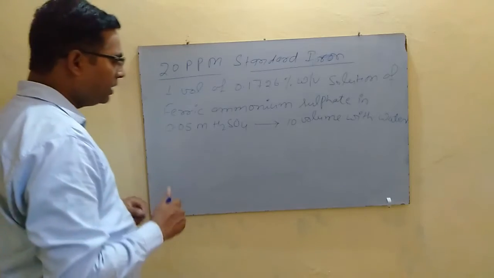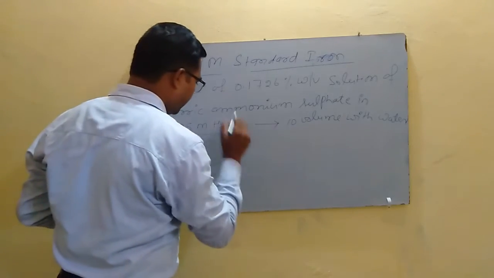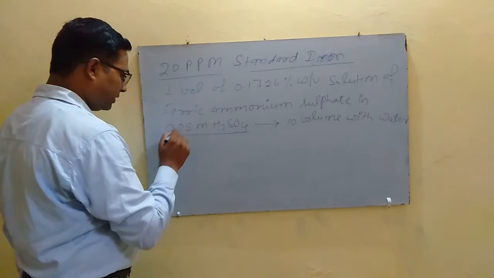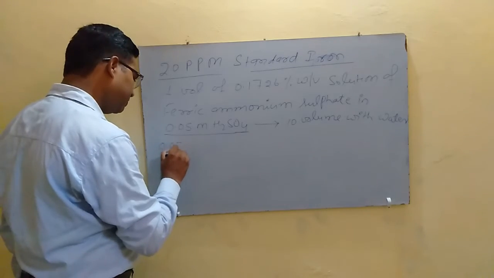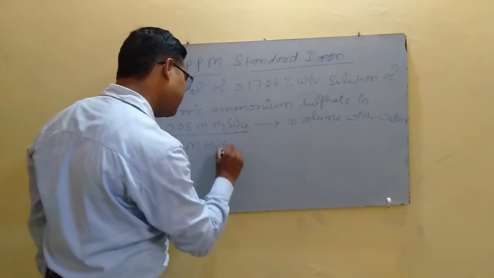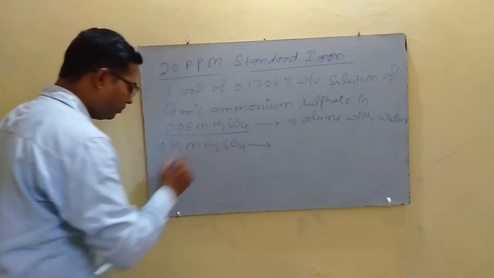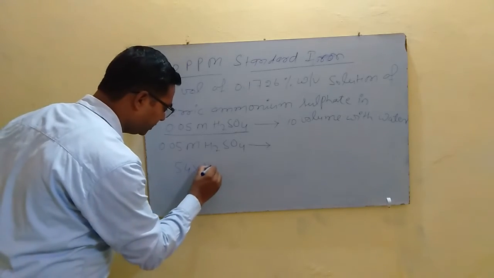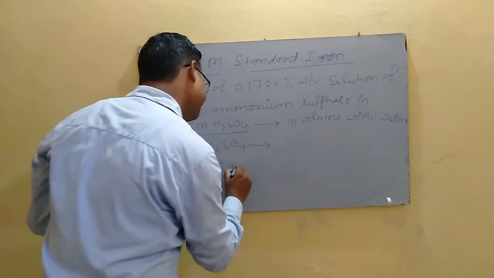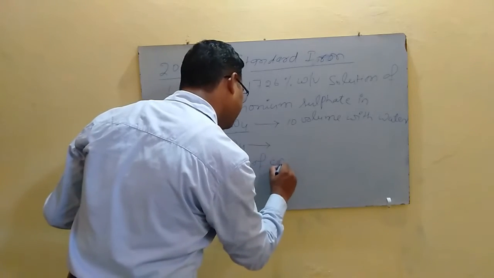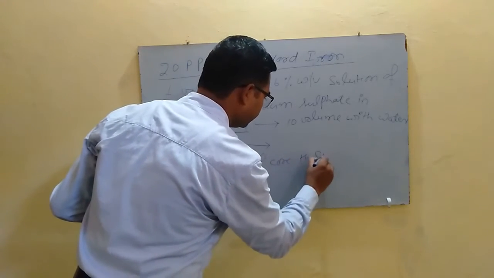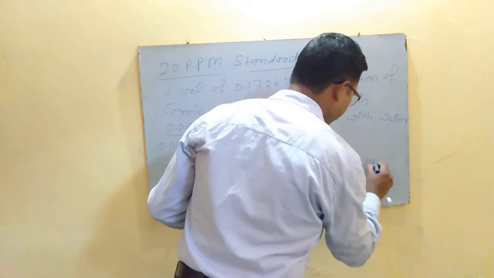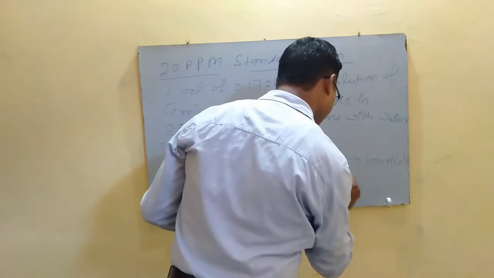The molarity of the H2SO4 solution used here is 0.05 molar. This 0.05 molar H2SO4 solution can be prepared by diluting 54 into 0.05 ml of concentrated H2SO4 to 1000 ml with water.